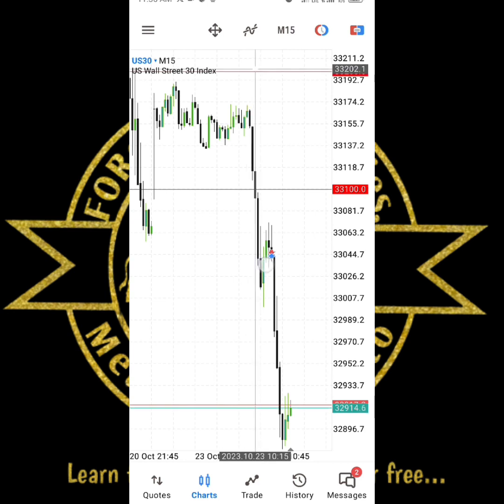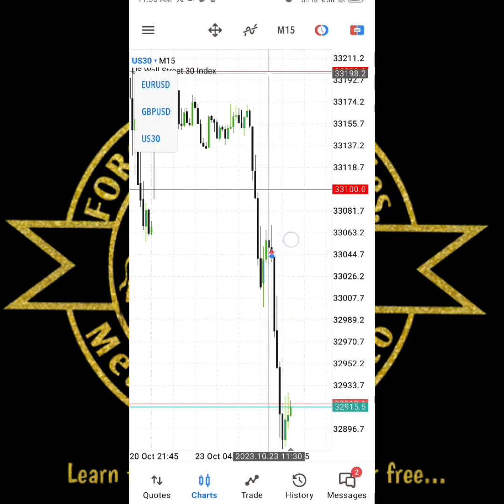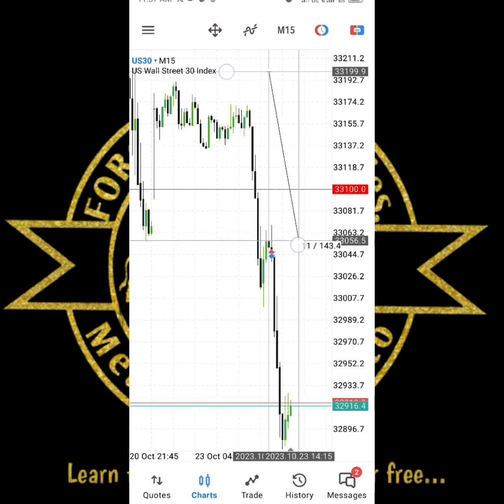Once it gets exactly to that price, I'll use one hand to tap and stick it to that price level, then use my other hand to move it to the other price level. You see, now I'm using both hands.